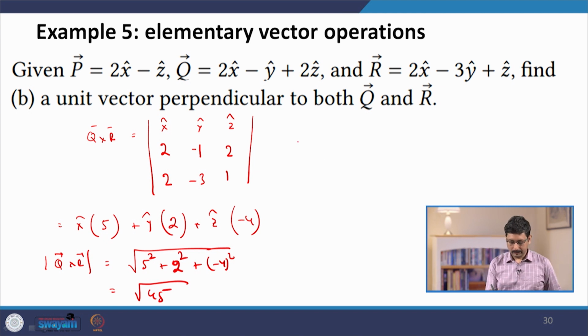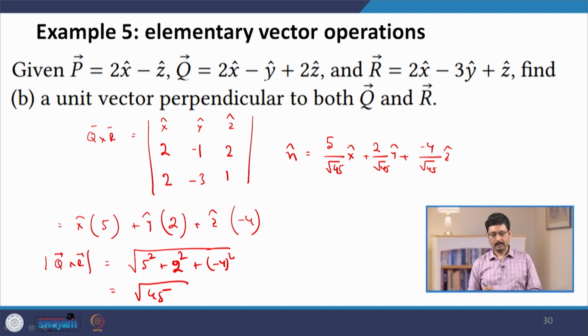So, then the answer is, this n hat which represents a unit vector perpendicular to both q and r is given by 5 by square root of 45 times x hat plus 2 by square root of 45 y hat plus minus 4 divided by square root of 45 z hat.